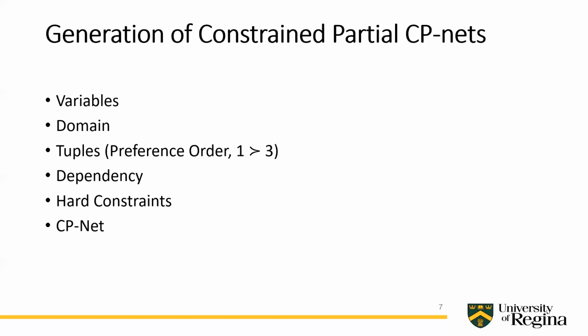Let's say for any two attributes, A and B, there is a hard constraint that if A1 is chosen from A, then the user will not choose B1 from B. This kind of hard constraint will have an impact on the overall CPNet. So we need to consider those hard constraints as well.